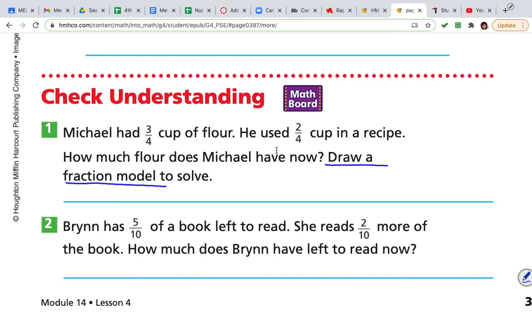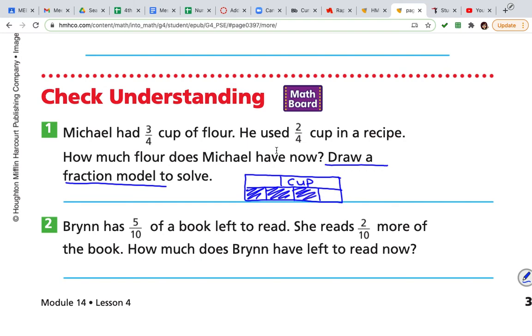Okay, so if Michael had, let's start with 1 cup. So we have 1 cup to compare it to. We're going to split it in 4s. So this is fourths. Michael had 3/4 cup of flour, so let's shade in 3. 1, 2, 3. That's fourths.